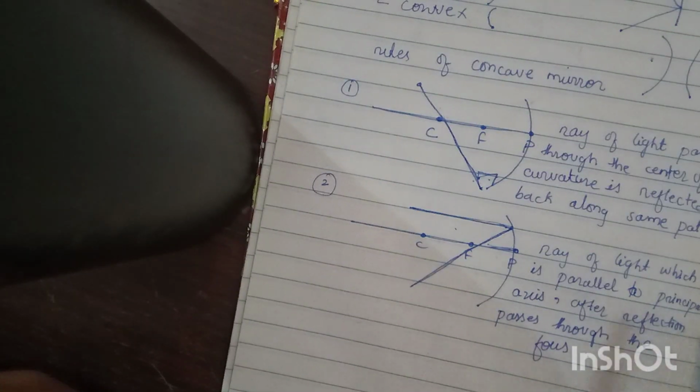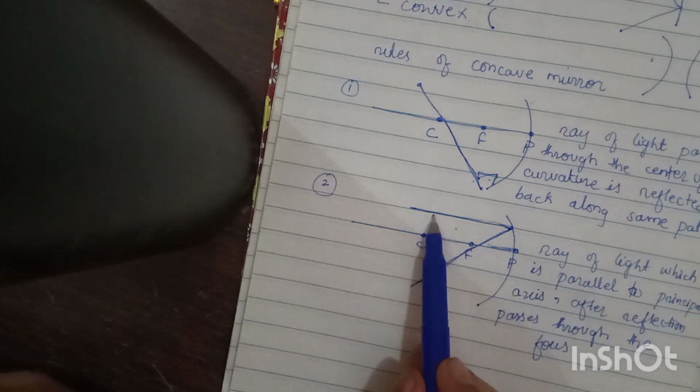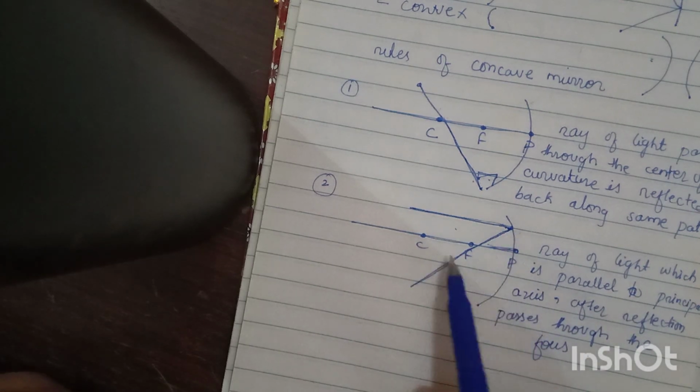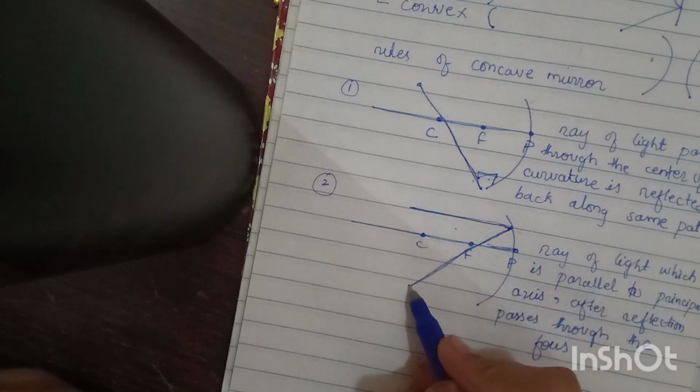So here what I wrote is the ray of light which is parallel to the principal axis, after reflection it passes through the focus. Here is the focus point, so after reflecting back it comes to the focus, right? So this is the second law.